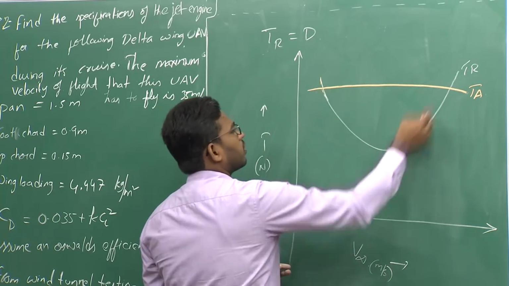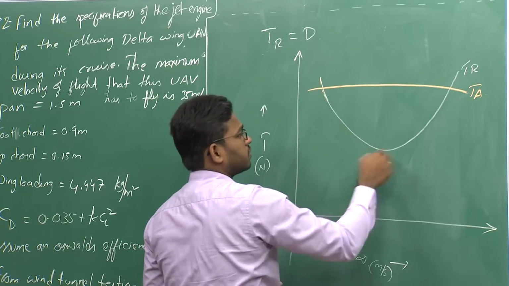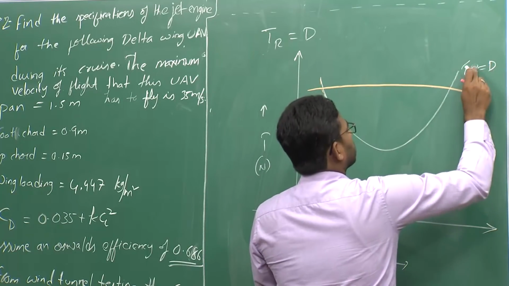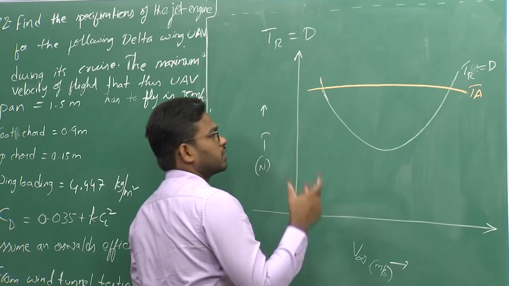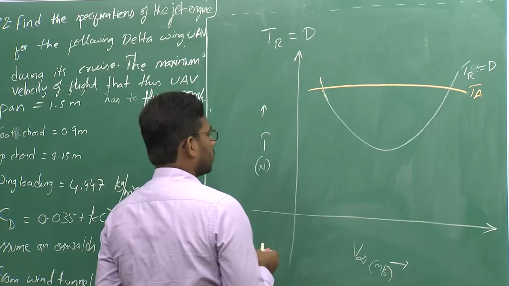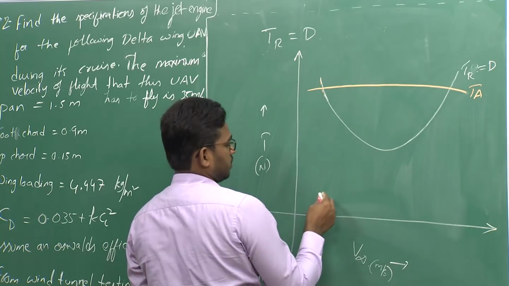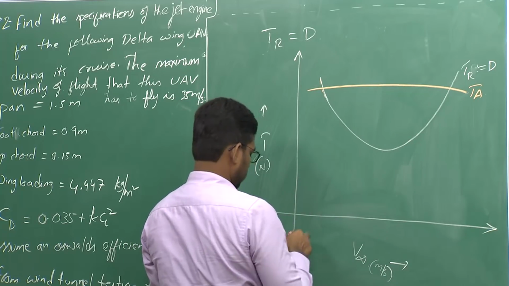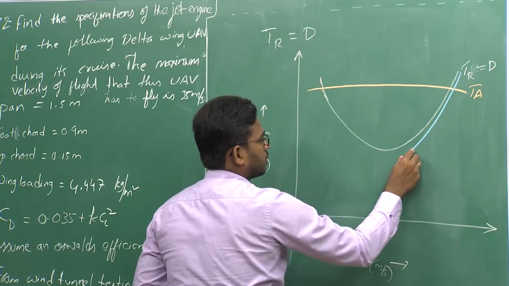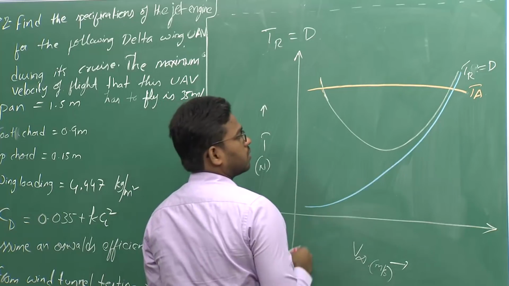Now, what is this plot? Thrust required and velocity. For a level flight case, this thrust required is drag, which is a summation of profile drag and induced drag. Induced drag will be lower at higher velocities.